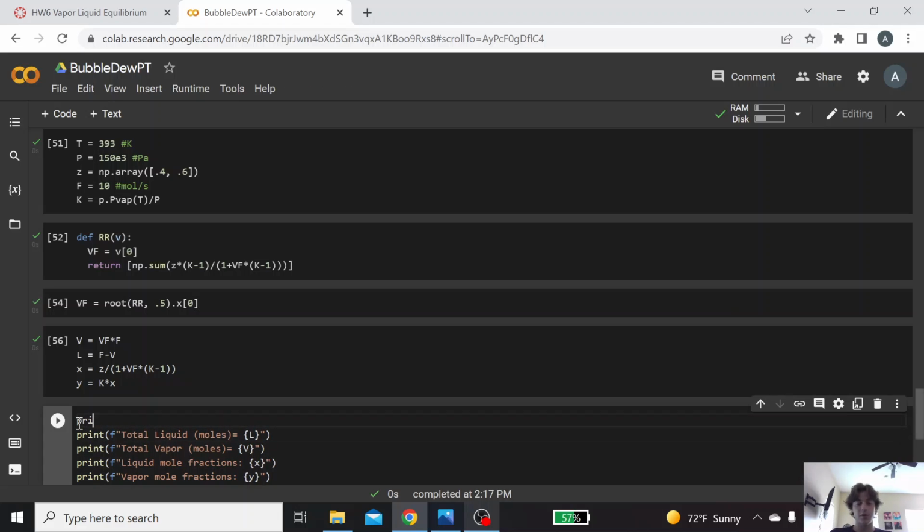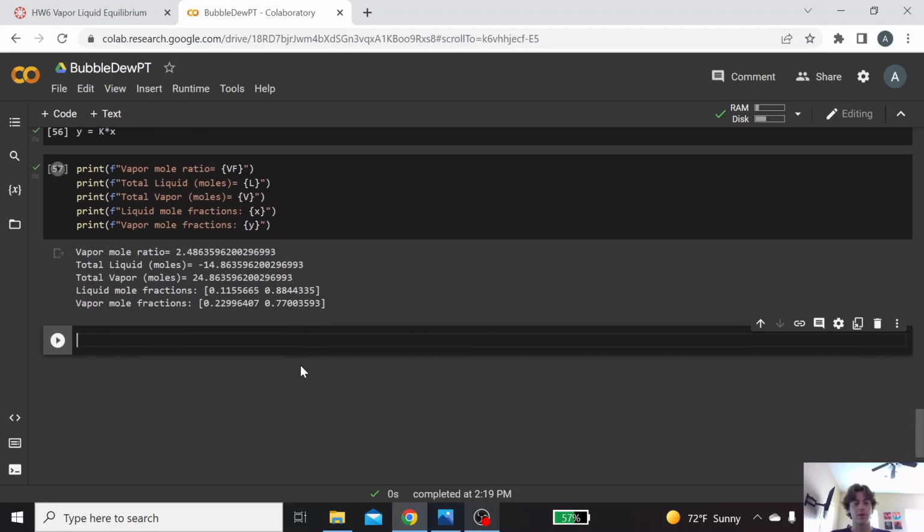And then I'm actually going to add another print statement right here up at the top to print out the vapor mole ratio, which is just the VF variable that we calculated.